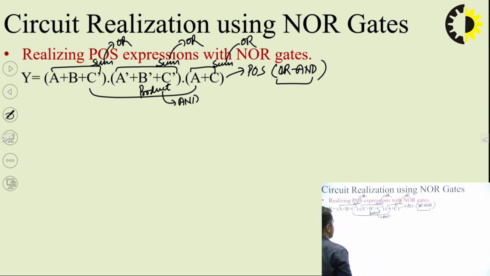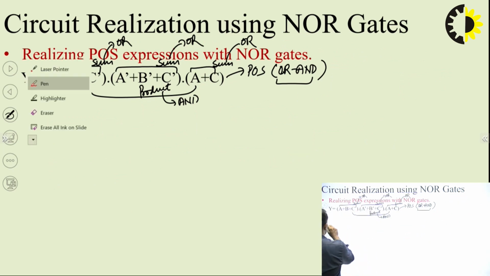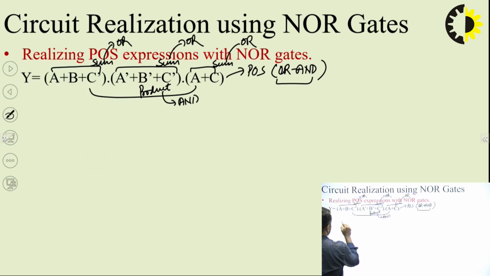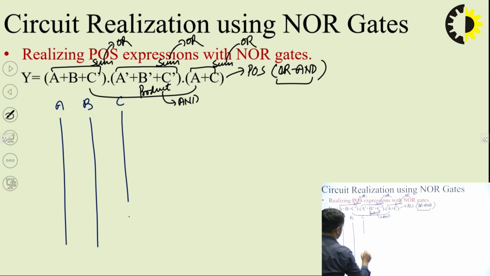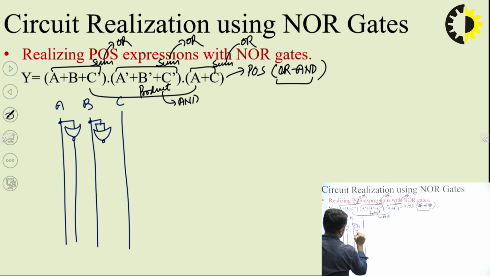So let's start making the circuit. So A, B, C, complements using NOR gate. So this is complement using NOR gate. Either we can go for this one or this one.